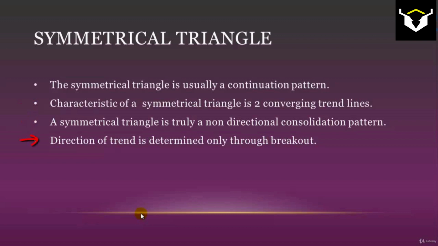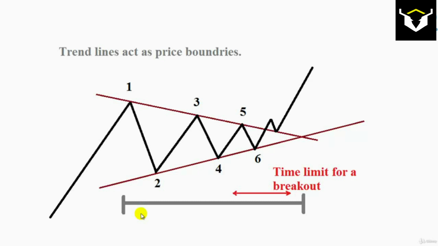The direction of the trend is determined only through breakouts. We have seen this diagram before. This is how a symmetrical triangle looks. It has two converging trend lines, and both converge at almost a similar degree to look like an actual symmetrical triangle.